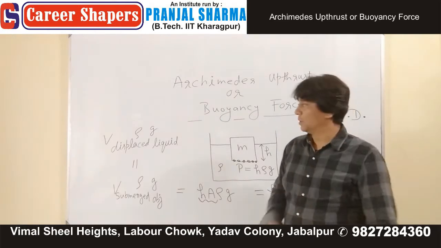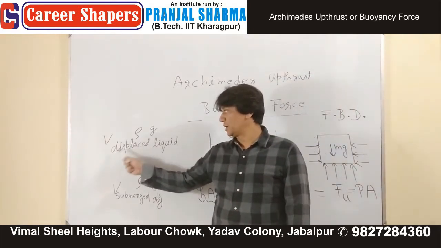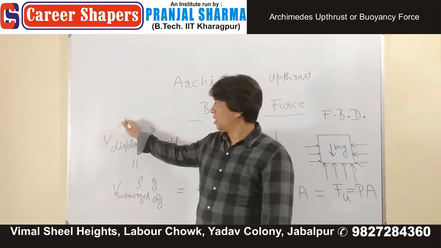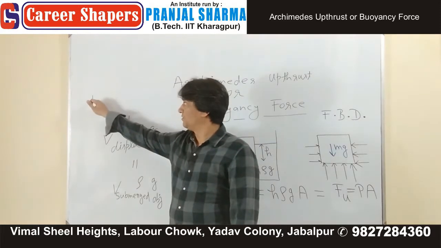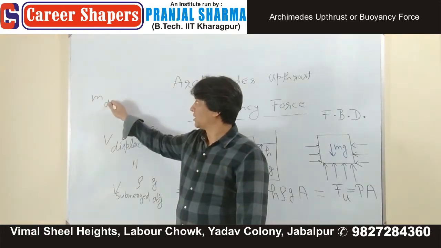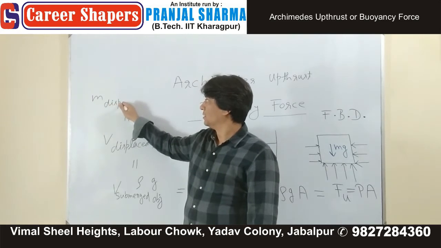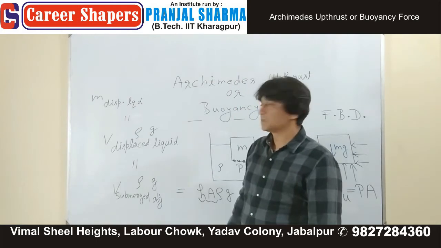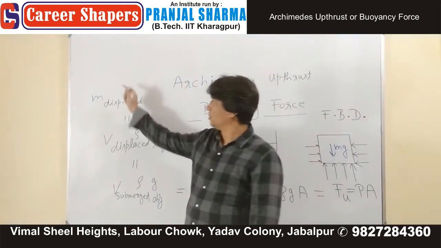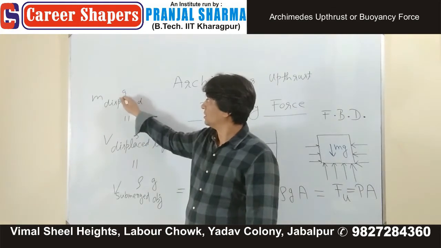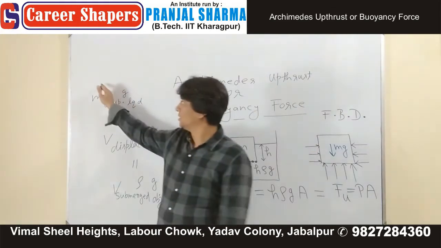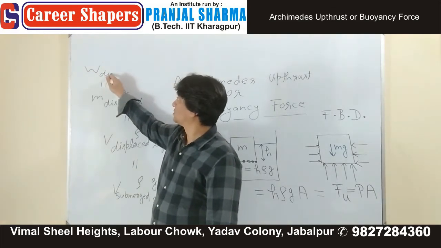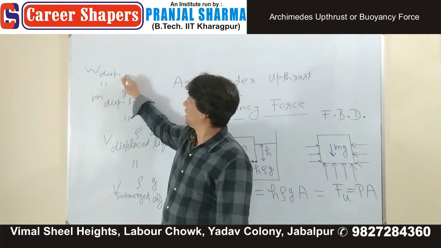Now what is the benefit? This is volume of the liquid and this is density of that liquid, which means you got mass of displaced liquid into g, which is weight of the displaced liquid.